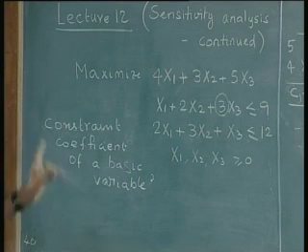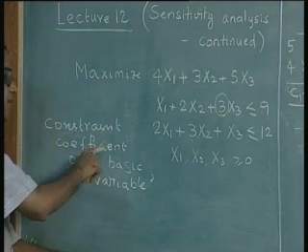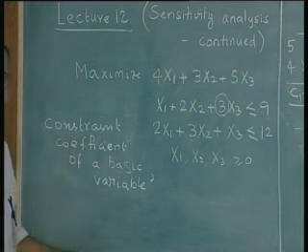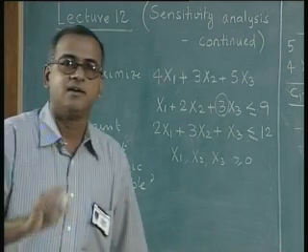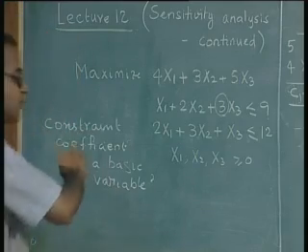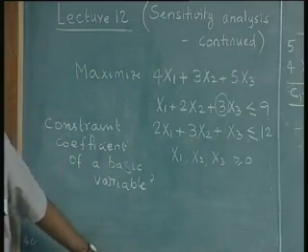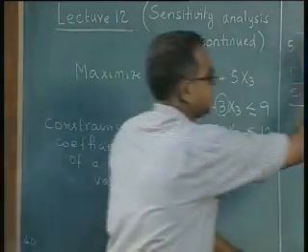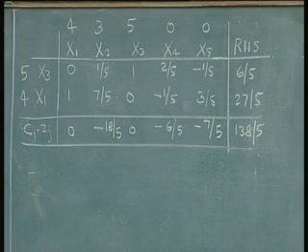Only in this case, when there is a change in the coefficient corresponding to a basic variable in any constraint, the answer is do not perform sensitivity analysis, do not try to see the change in this, but solve the problem all over again. Why?